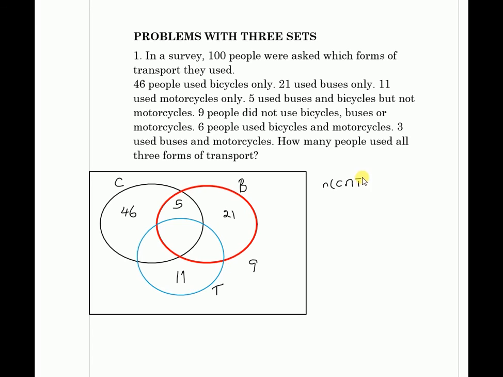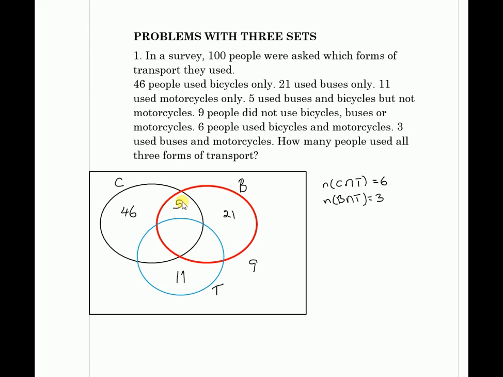They said these were 6. Then the number for buses intersection motorcycles is 3. Now this one is different from the 5 here.